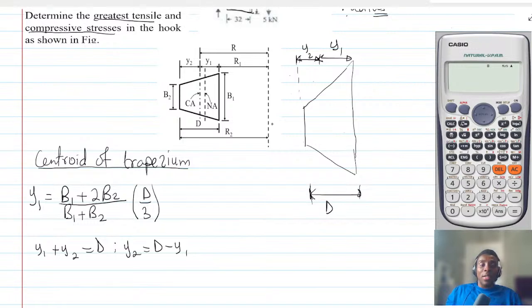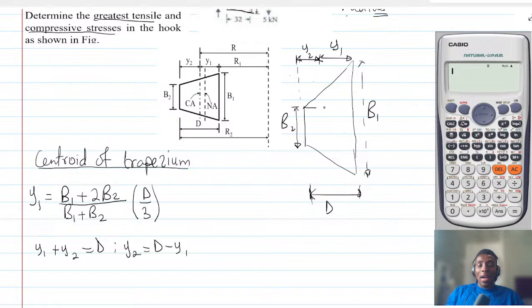So we just have to go straight forward and calculate y1, which is the centroid of a trapezium. The centroid of a trapezium is given by, so a trapezium will have two horizontal sides, or two vertical sides, in a way you want to look at it. So here is b1, here is b2, the longest length, the shortest length, and then the depth divided by 3, then you get the centroid.